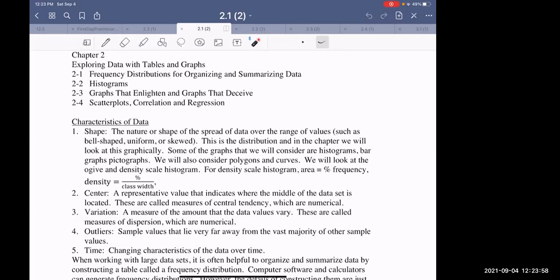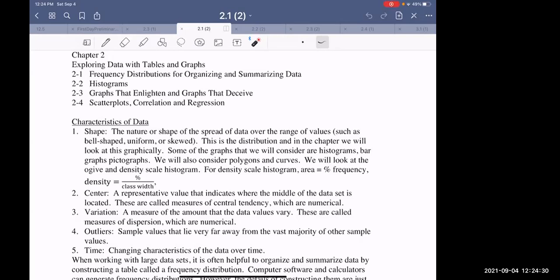So that will be the first time we'll really be doing any sort of mathematical calculations. We'll be also looking at the spread of your data. What's the variation of your data? These will be called measures of dispersion. Again, these will be numerical. And so we'll be using some mathematics to look at these quantities.